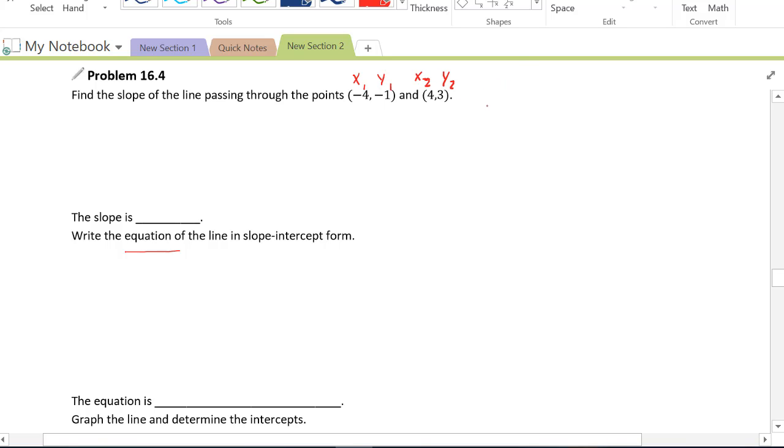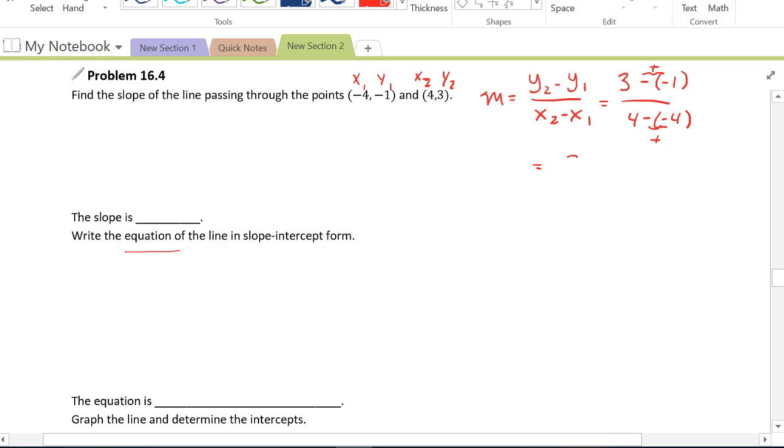So if you remember, you need to memorize the slope formula. What's the slope formula? m is equal to y2 minus y1 over x2 minus x1. You have to memorize that, remember? And now plug everything in. So y2 is going to be 3 minus negative 1 divided by 4 minus negative 4. So remember, negative and negative turns into a positive.